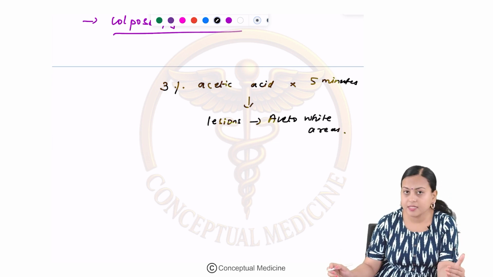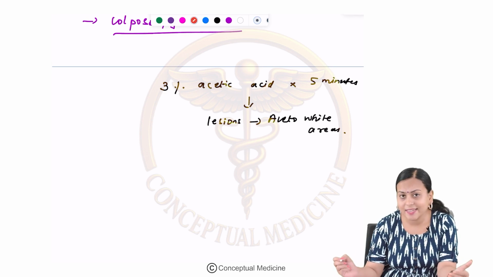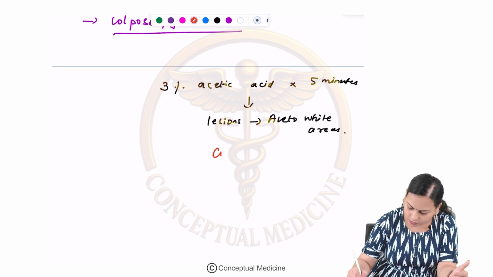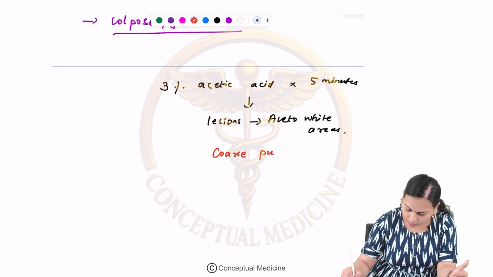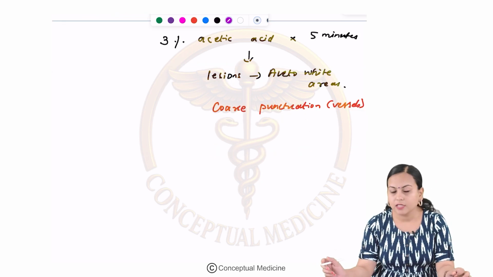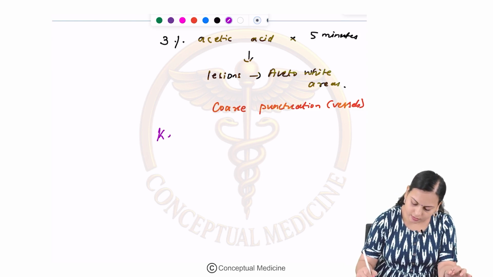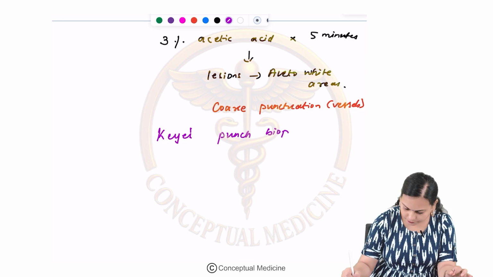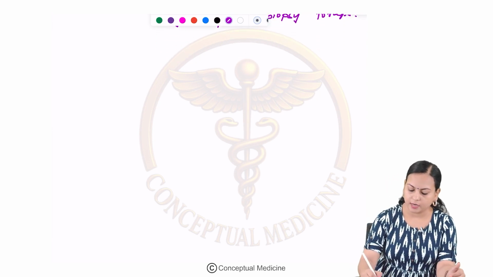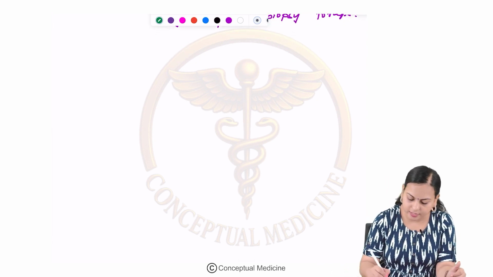If there is a high grade lesion, it will show coarse punctation, especially of the vessels. Then the biopsy can be taken using Keyes punch biopsy forceps. Clear? Yes.